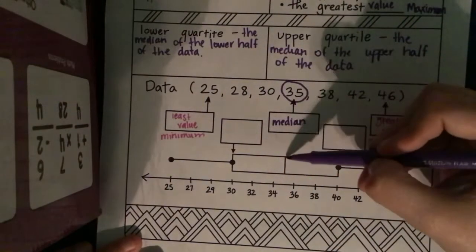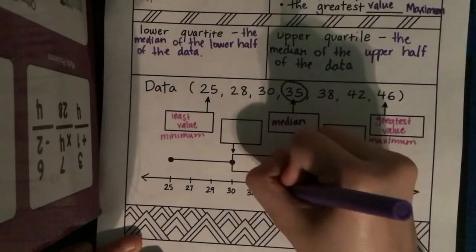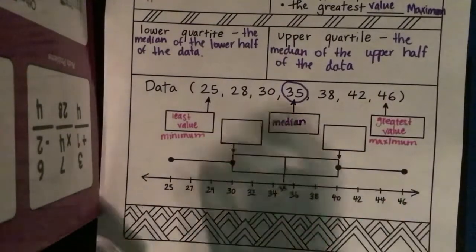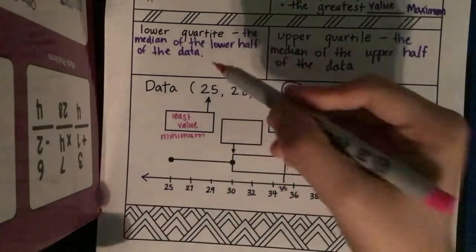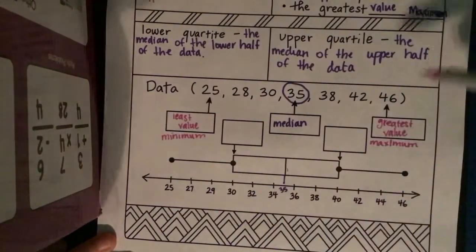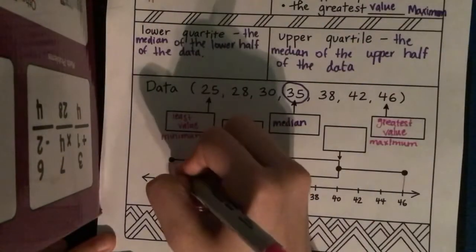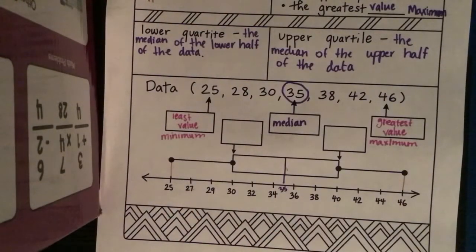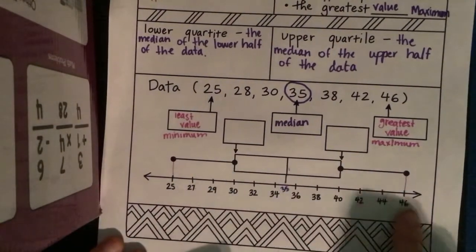And notice how my line in my box plot is right at 35. Same thing with my minimum and maximum. My minimum was 25, so my dot was at 25. My greatest was 46, so it's right at 46. And be careful and always pay attention to what they are counting by. Here they're counting by twos.